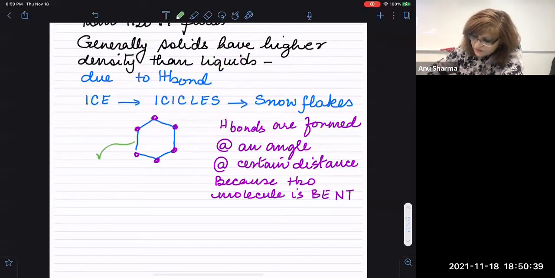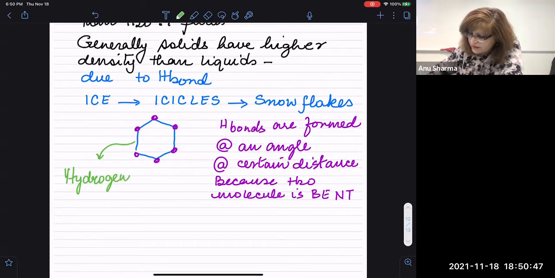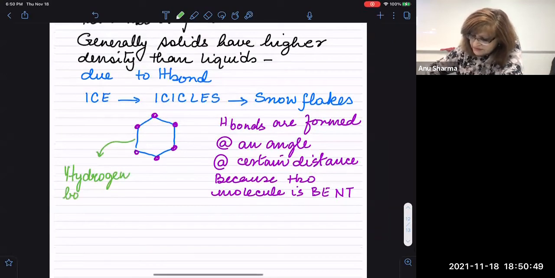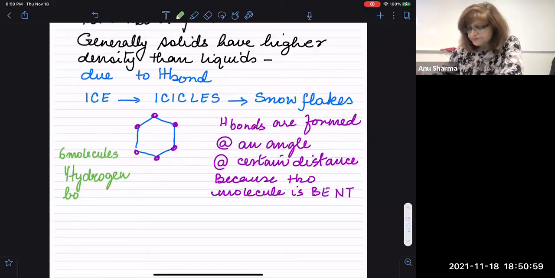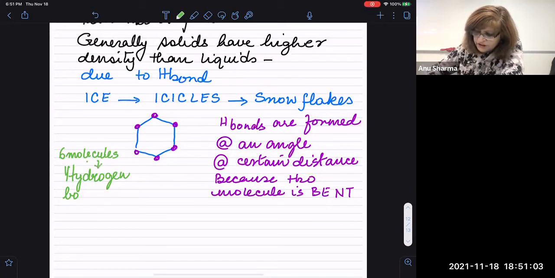This is the hydrogen bonding between these six of them. So six molecules bond among themselves and form this type of shape. They make these shapes of snowflakes, in which hydrogen bonding is playing a role.